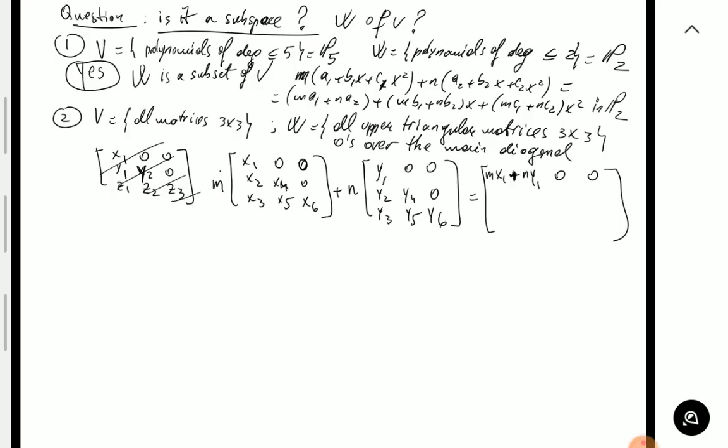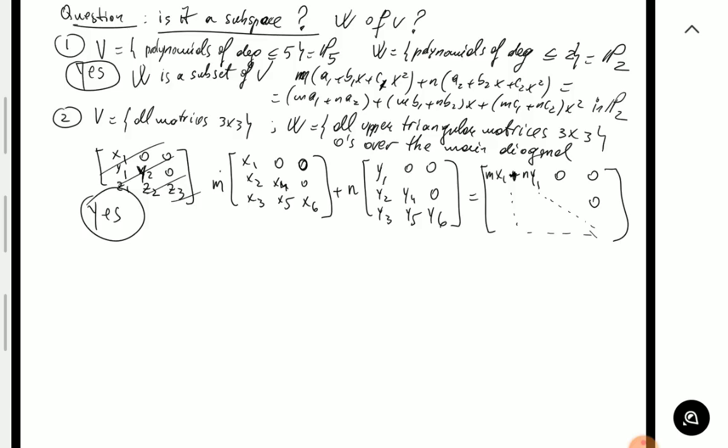So I hope it's pretty obvious that while the main diagonal might not be 0, the elements on top of the main diagonal will still be 0. So this is closed under linear combinations, right?